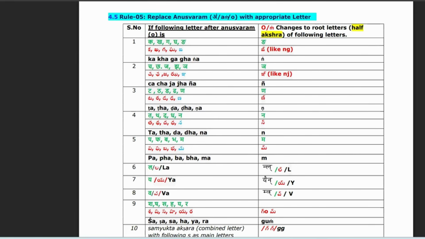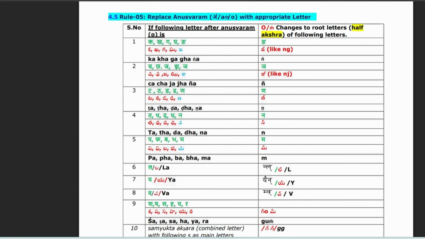Anuswaram is nothing but a dot on the letter or sound. The Anuswaram sound changes based on the letter that follows it. The first column shows the letter following the Anuswaram and the second column shows how the Anuswaram changes.